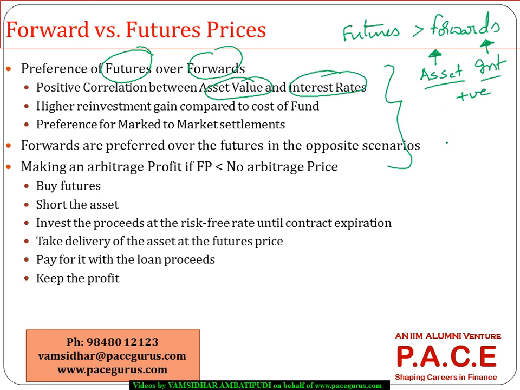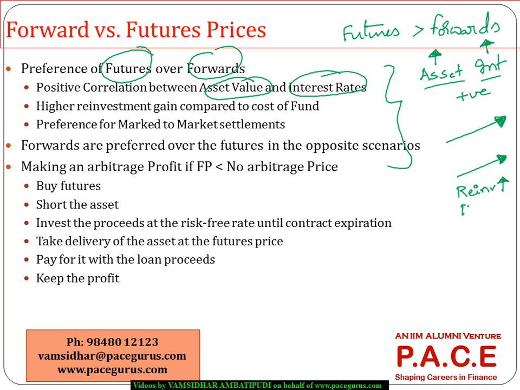One, I am assuming that the price of the asset will go up in future, and at the same time the interest rates also will go up in future. Interest rates going up in future is an indication that if I get cash early, my reinvestment rate will be much higher in future.